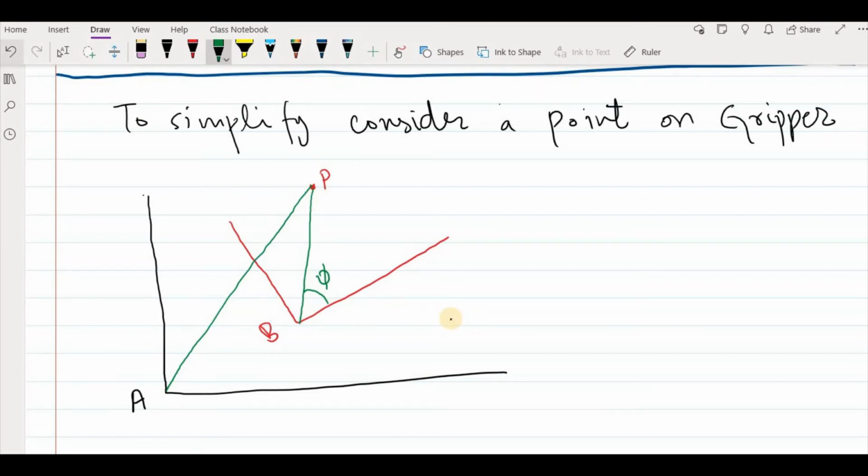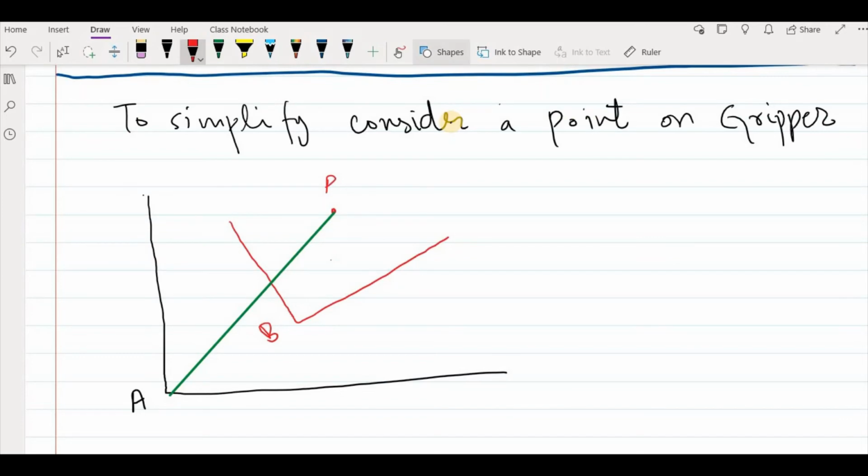I think let's take point P a little bit here, so that it's easier to draw. So this is point P we have here. This is the position vector in frame A. This is the position vector in frame B.